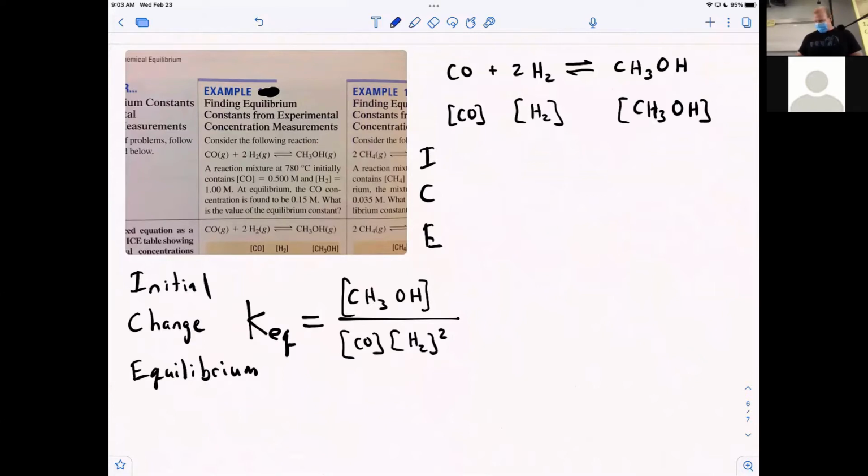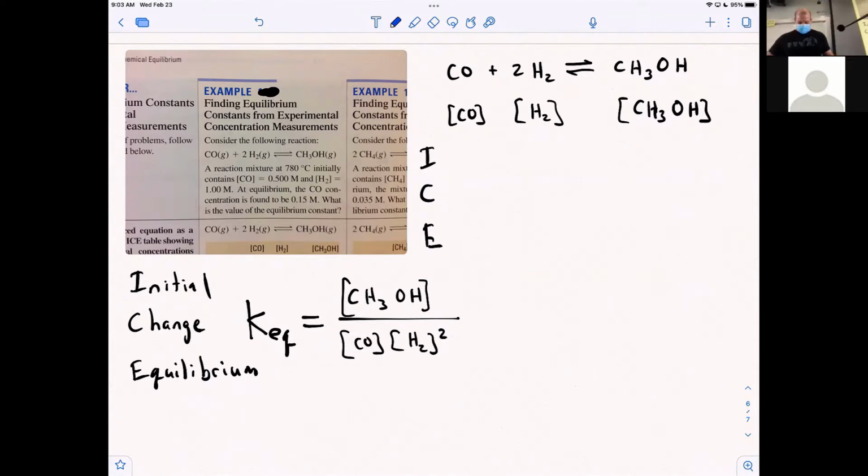This is something that we're going to do for the next couple chapters. It's called an ICE chart. So surprise, surprise, an ICE chart, and I stands for initial, C stands for change, E stands for equilibrium.